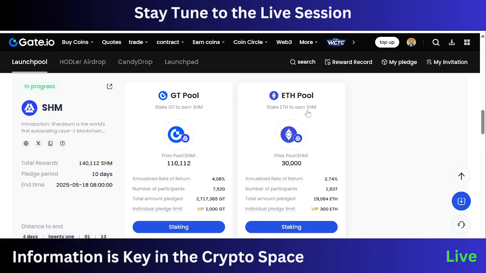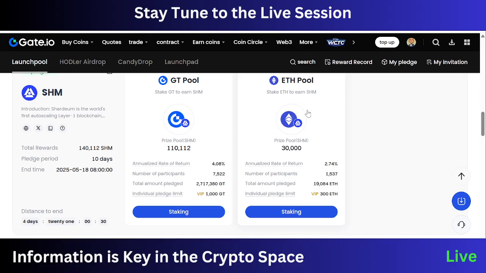The price pool in SHM for GT is 112,000 SHM, while the price pool under ETH is 30,000 SHM.